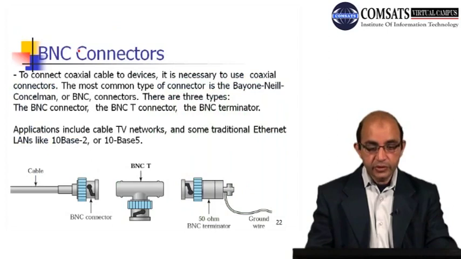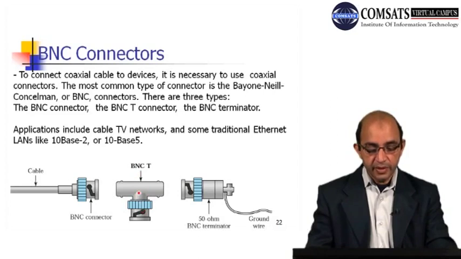Okay, so as we have studied connectors for twisted pair, these are the connectors for coaxial cable. It is called a BNC connector. You can see this is the cable, and this is the BNC connector. If we want to cut and connect the coaxial cable, we need a T-type BNC connector.